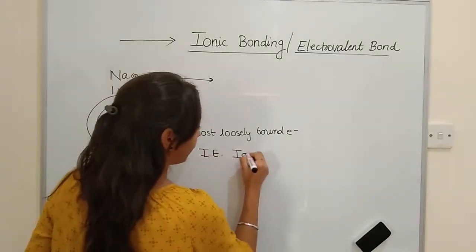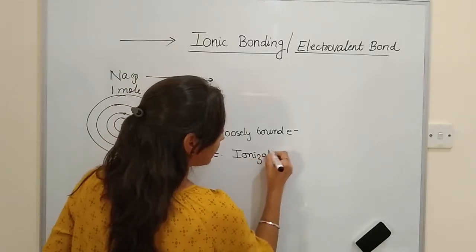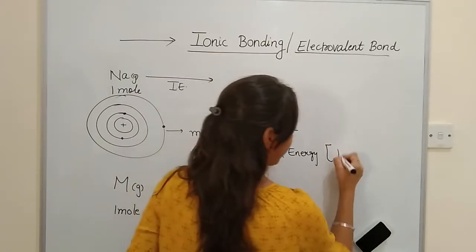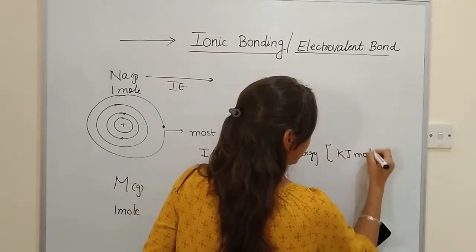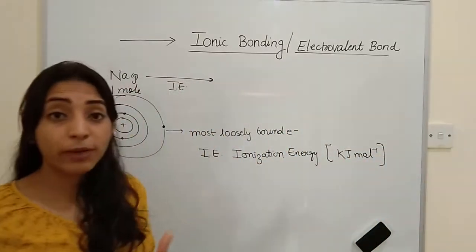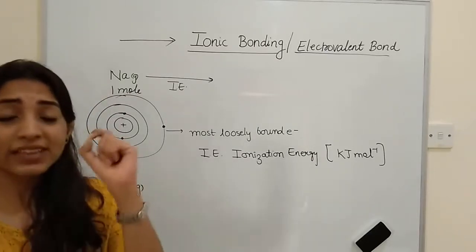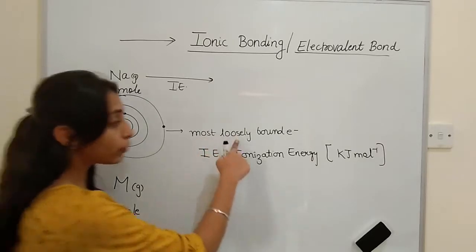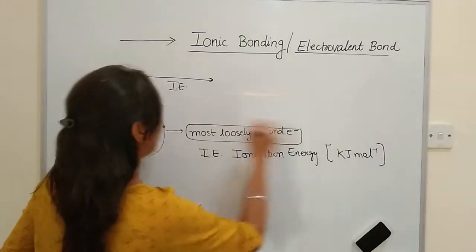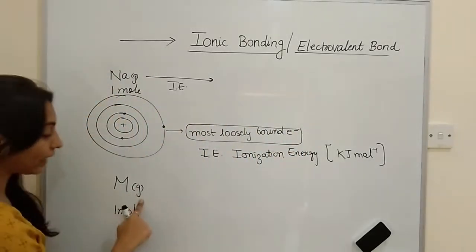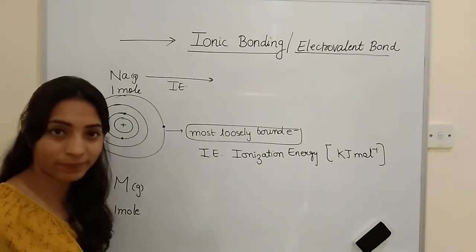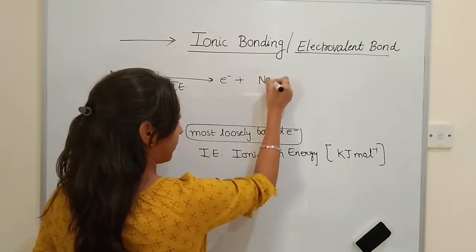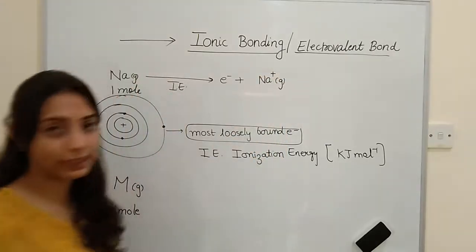IE stands for ionization energy, and the units will be defined as kilojoules per mole. Why kilojoules per mole? Because this is the energy required to remove the most loosely bound electron from 1 mole of the gaseous isolated atom. Okay, and after losing 1 electron, let us say sodium becomes Na+ in the gaseous state.